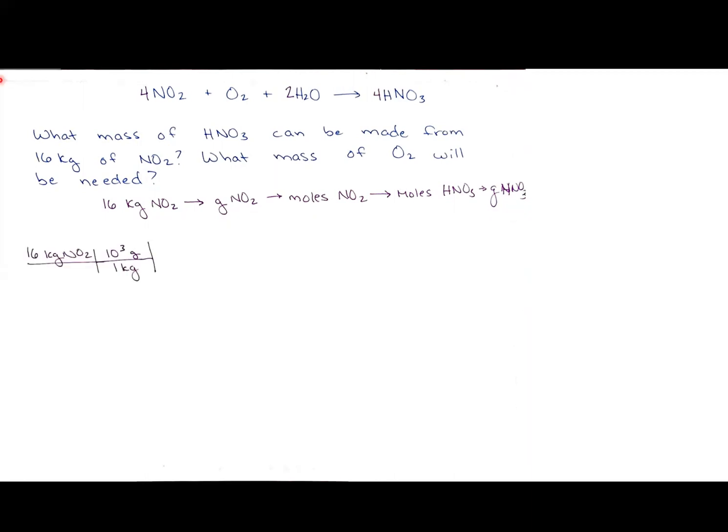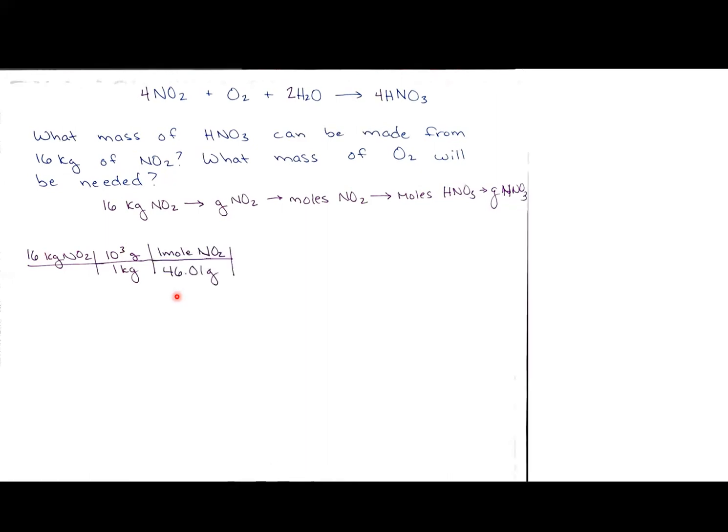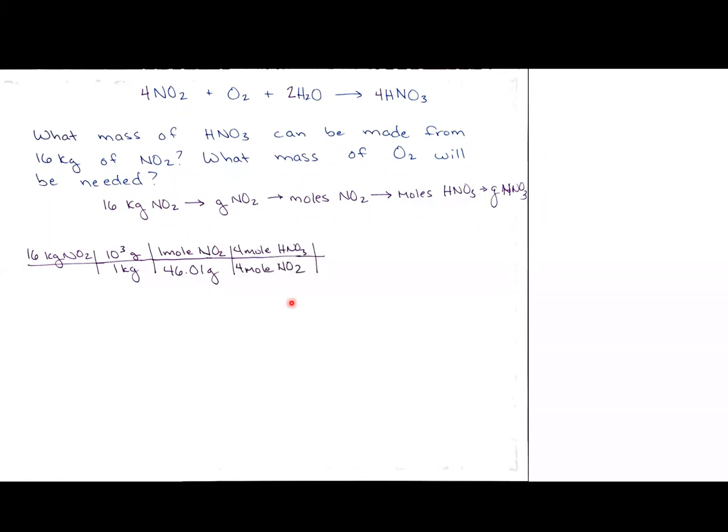So we're going to start with converting this kilograms to grams. So 16 kilograms of this stuff, every kilogram is 10 to the third grams. And then 1 mole of this stuff, NO2, weighs 46.01 grams. That's the mass of 1 nitrogen and 2 oxygens, 14 and 32. Next, 4 moles of NO2 go to make 4 moles of HNO3.